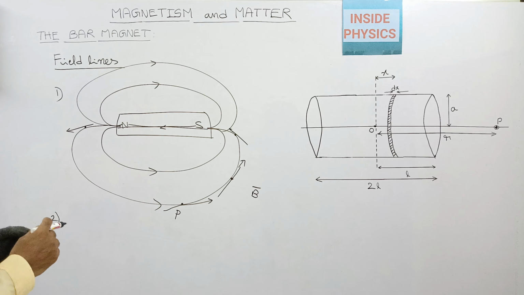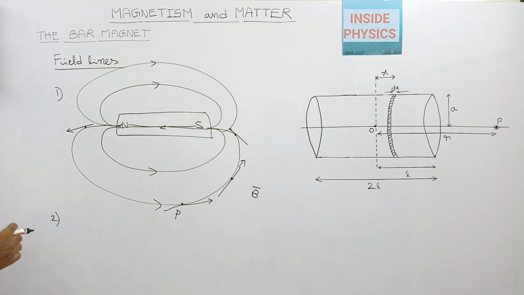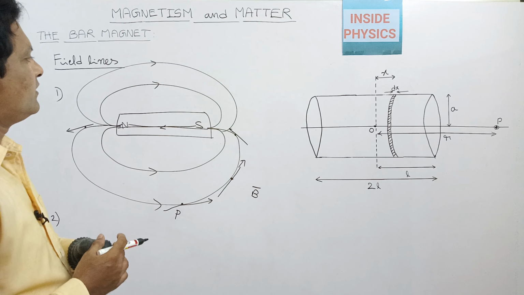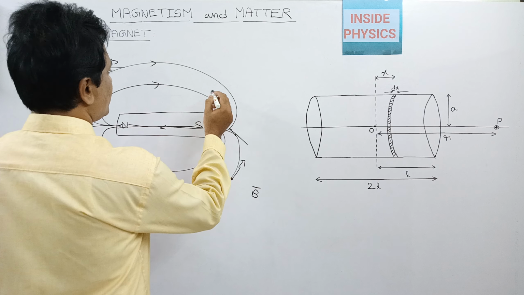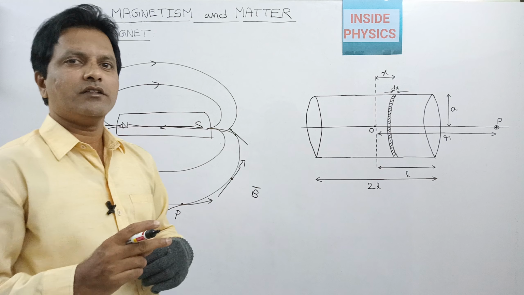If you observe these field lines, they do not intersect at any point. Why do they not intersect? If they did intersect at any point in their path, you could draw a tangent at that point to find the direction of the magnetic field, and you would find two directions.